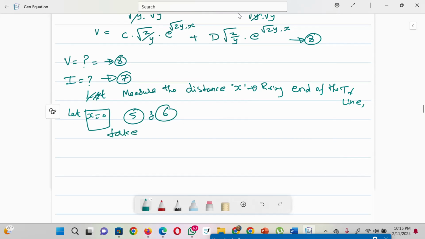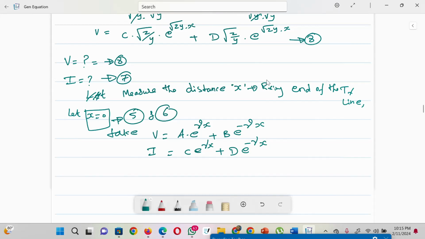So now x equal to 0 in equation number 5. That means v equal to a into e power gamma x plus b into e power minus gamma x. This is equation number 5. Then I equal to c into e power gamma x plus d into e power minus gamma x.